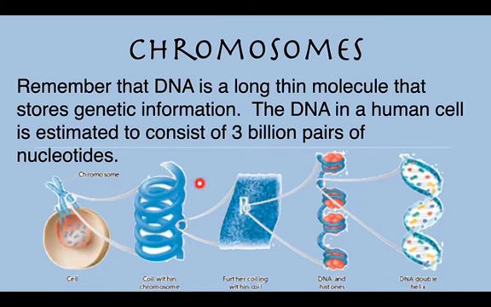And then this is actually going to wrap around like the old-fashioned telephone cords. And then this is actually going to be part of a chromosome. So again, I've got a video that will show you the animation of how that's done. So we've got 3 billion pairs of nucleotides in DNA, and that is what contains all of the information that makes each of us an individual.